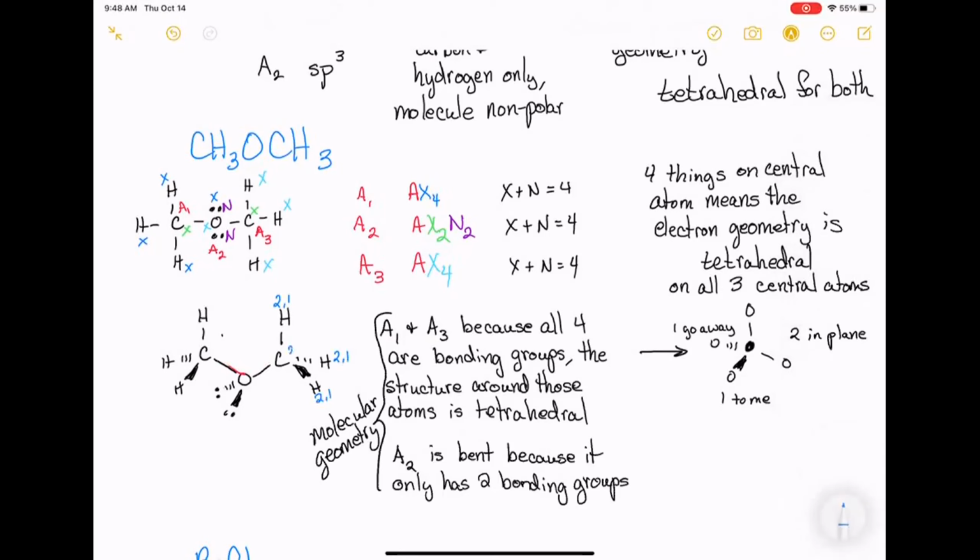Carbon is 2.5. And oxygen is 3.5. Now, keeping in mind these carbons are up at an angle from the oxygen, you can see that there is a trend towards the oxygen. So this molecule is going to be polarized towards the oxygen.